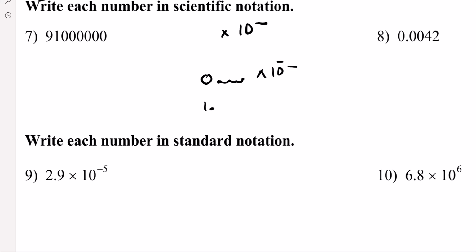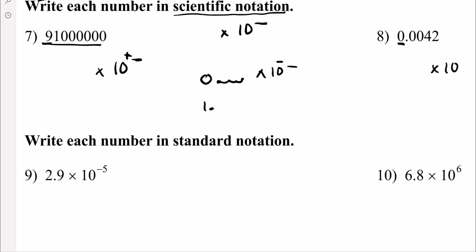But when the lead number starts with a number other than 0, it will have a positive exponent. So this number right here, when you change it, will have a positive exponent. This number over here, the lead number is 0. This will be a negative exponent when you change it.